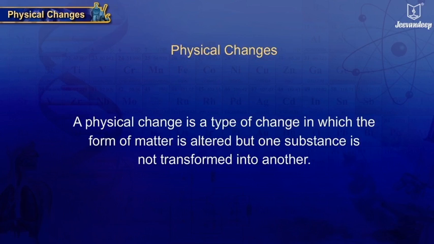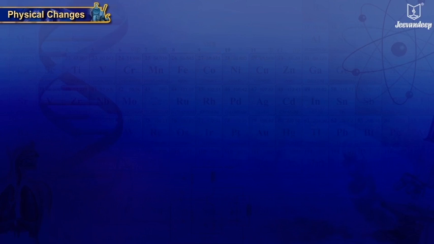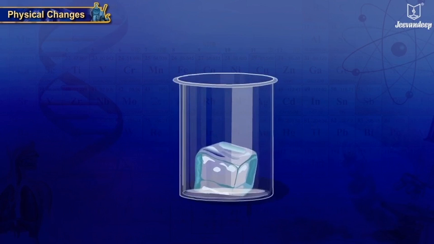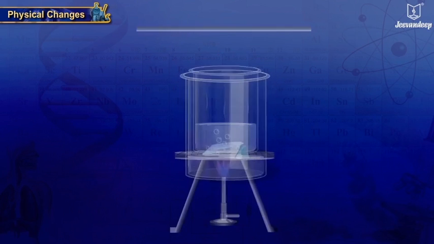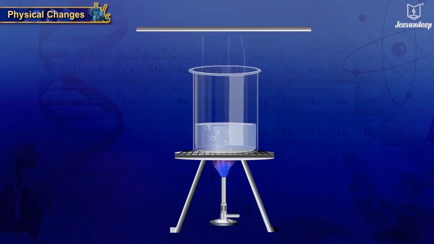A physical change is a type of change in which the form of matter is altered, but one substance is not transformed into another. For example, ice changes to water, water into vapors.